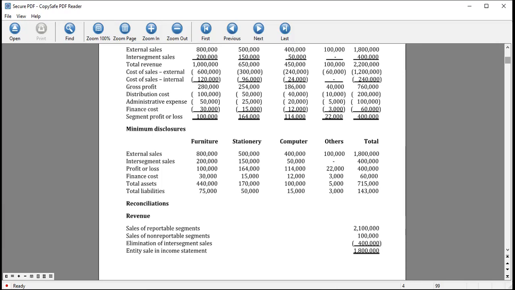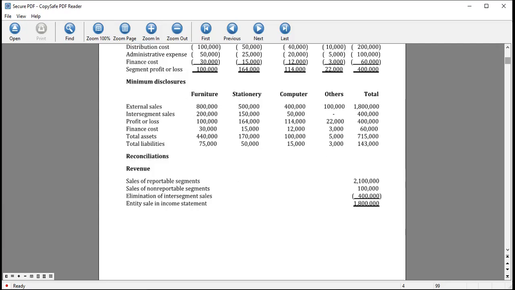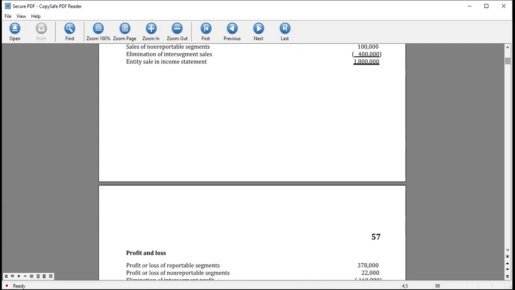Okay, so we have now the reconciliations, revenue, sales of reportable segments, 2,100,000, sale of non-reportable segments, and elimination of inter-segment sales, okay, so we have the entity sale in the income statement.